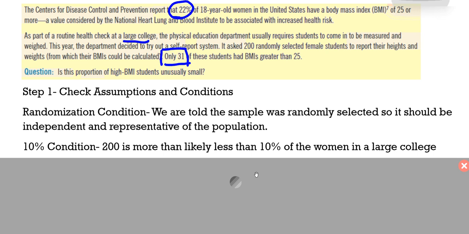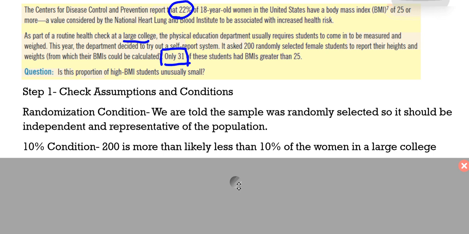10%. And that's why it said a large college. 200 is more than likely less than 10% of the women in a large college. If they didn't say it was a large college, you could have said 200 is likely less than 10% of the women that could have been attending that college, unless we're talking about a college for a particular body type, which I don't necessarily think exists.